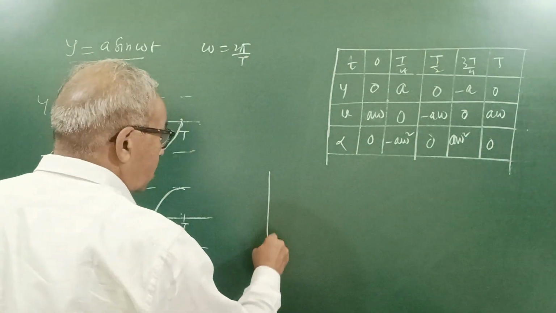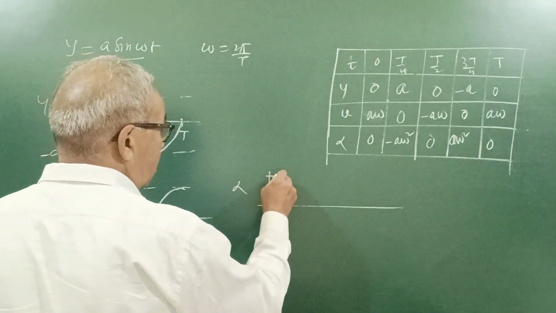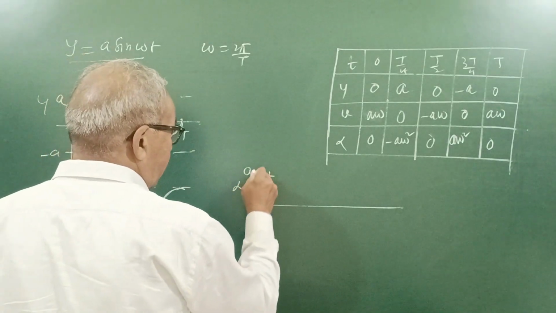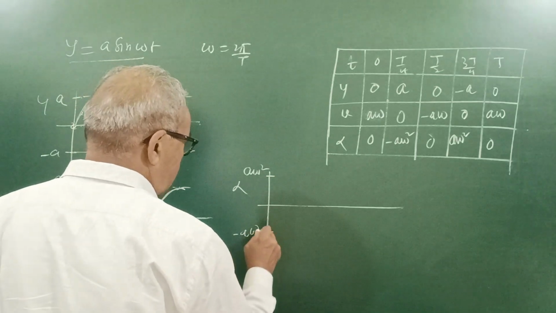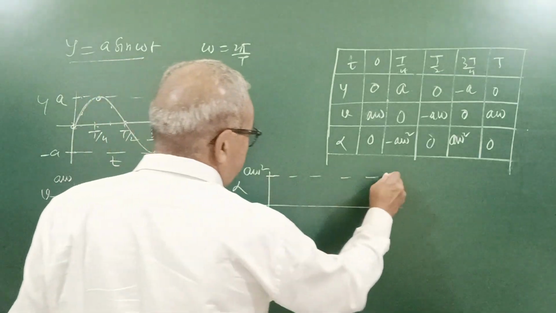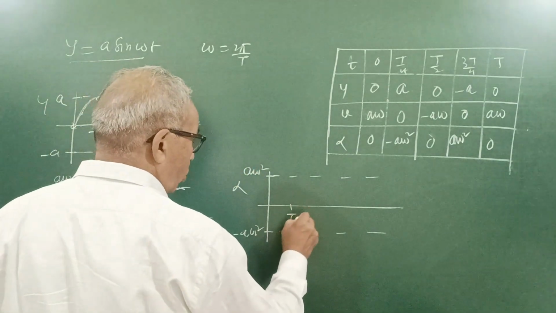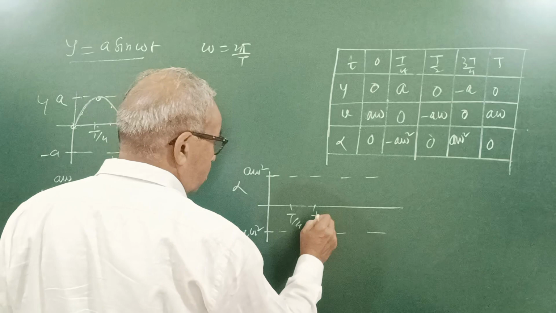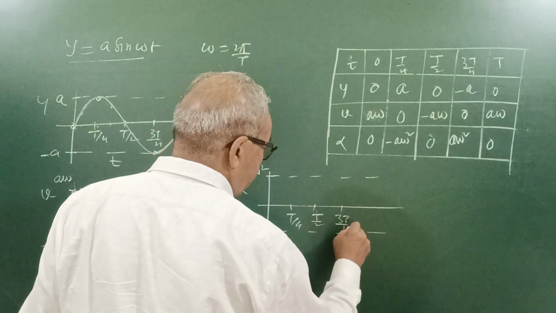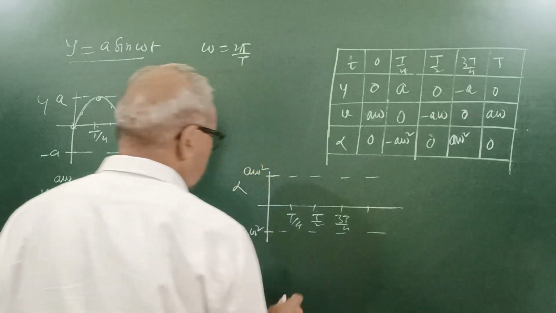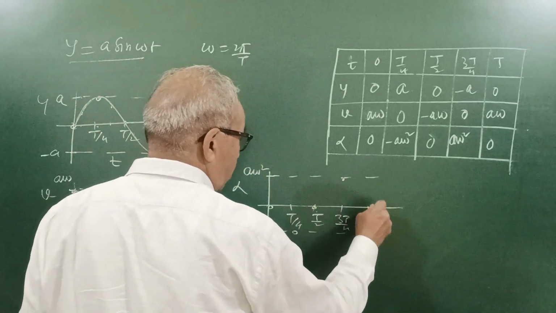If you think of the acceleration time graph, alpha, a omega square or minus a omega square, at t by 4, t by 2, 3t by 4 and t, it is 0, minus a omega square, plus, 0, minus.